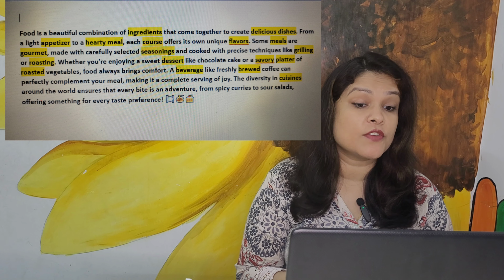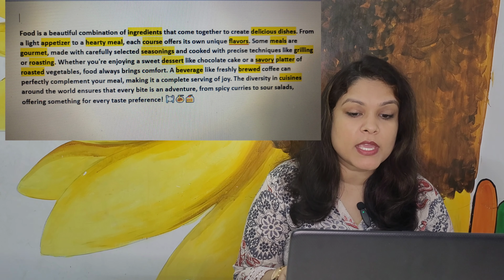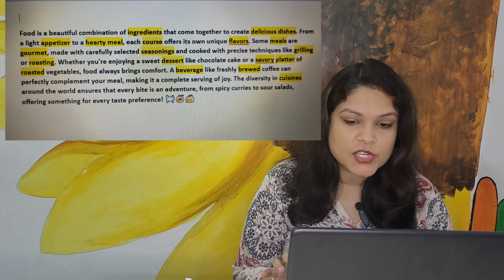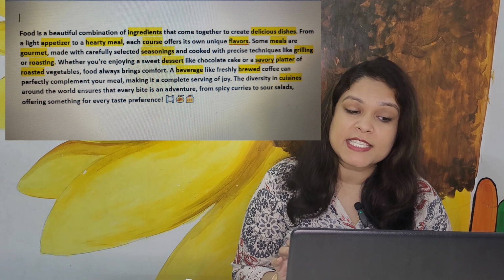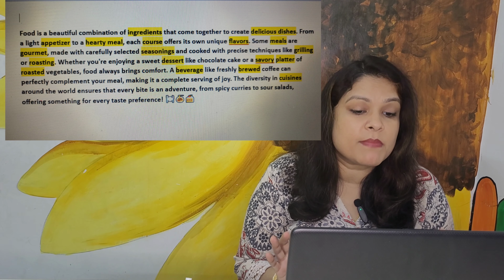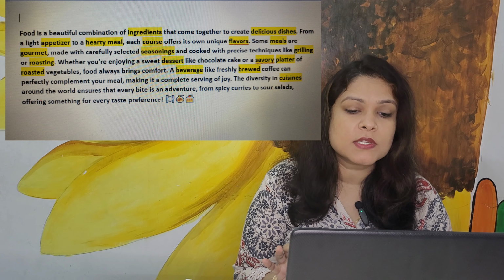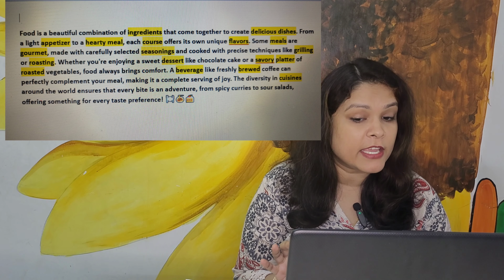Now what I have done is I have used a few of these words in the form of a paragraph. Let us read it together. Food is a beautiful combination of ingredients that come together to create delicious dishes. From a light appetizer to a hearty meal, each course offers its unique flavors.